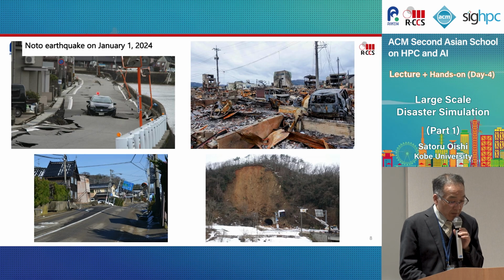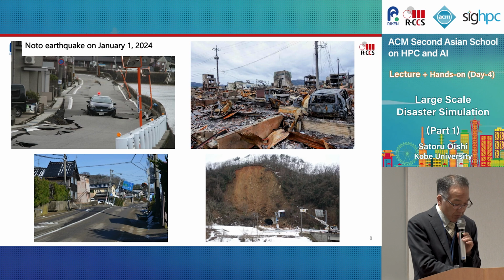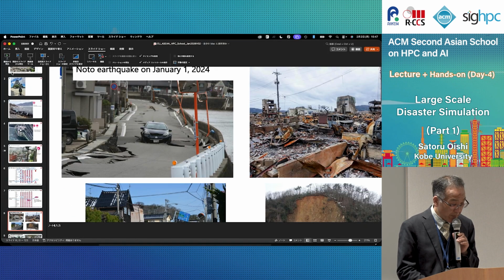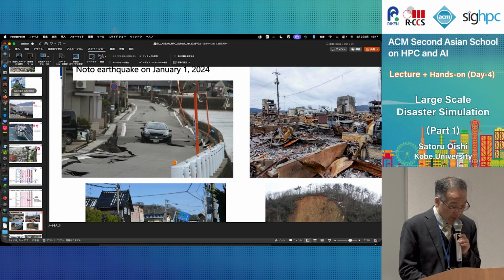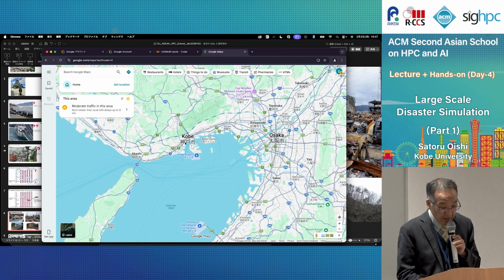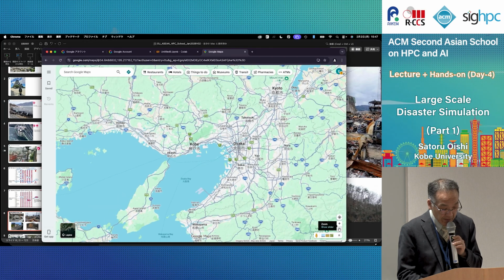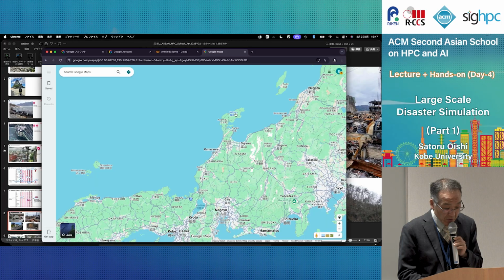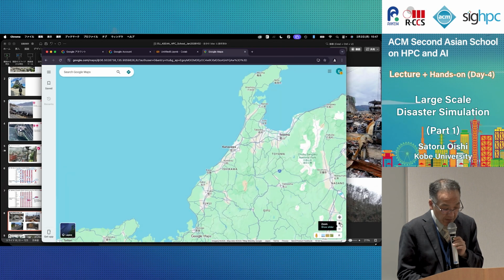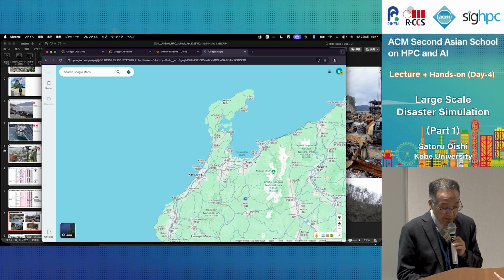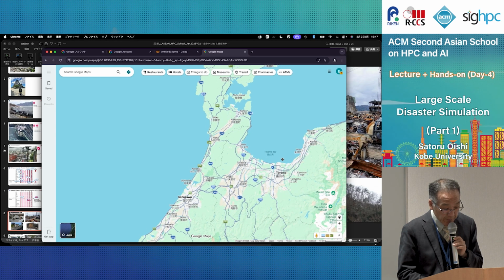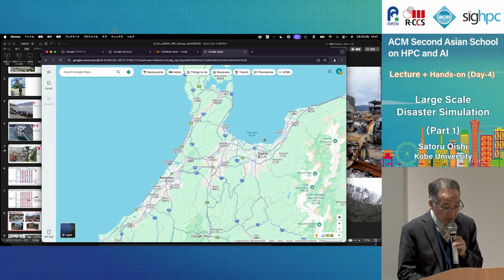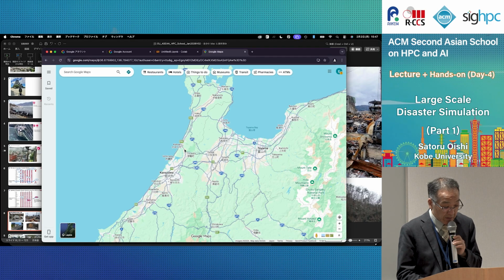That earthquake hit the Noto Peninsula that is located in the northern part of Japan. Now we are here in Kobe. So Noto is that peninsula. I guess the third most popular must-visit place is Kanazawa, I think.